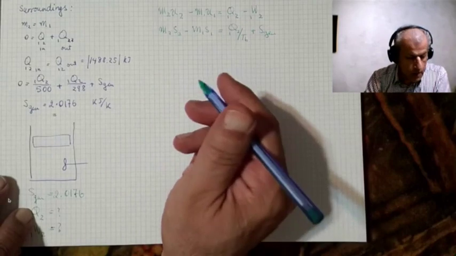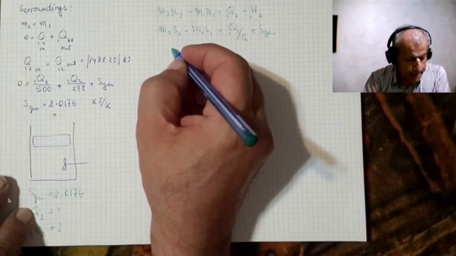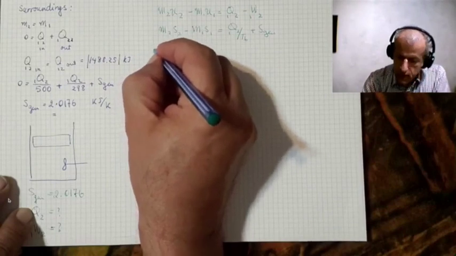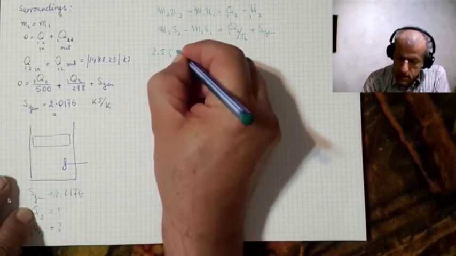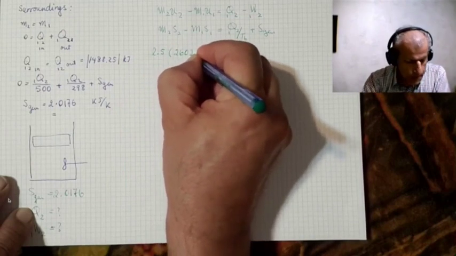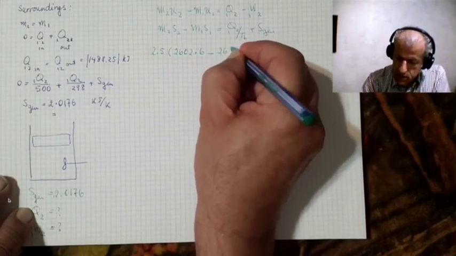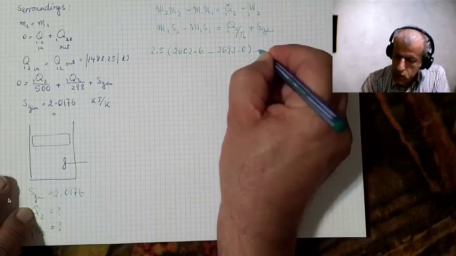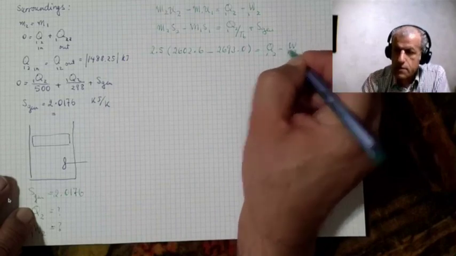equations. The first equation would be 2.5 times 2602.6 minus 2693.0 equals Q12 minus W12.